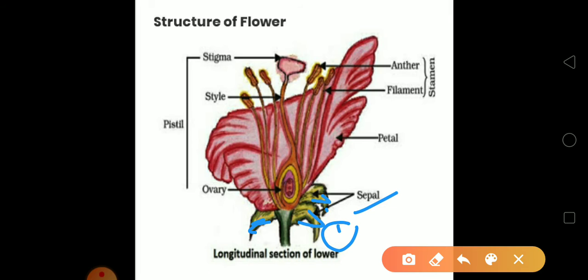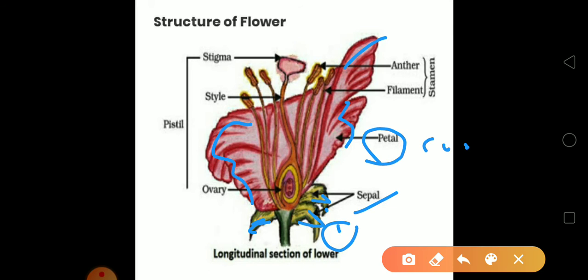Now, the second covering is corolla. We can say petals. Corolla or petals. It is the collection of petals. Petals are generally large, and you can see these are the petals.